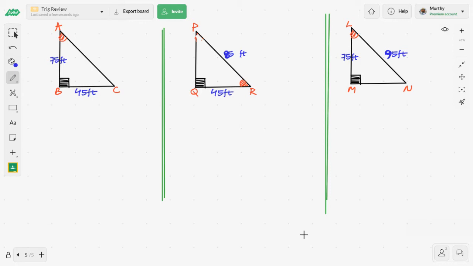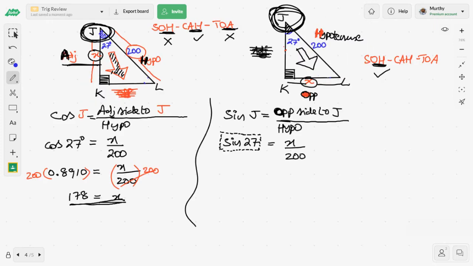Here I see that two sides are given, one is 75 feet and the other 45 feet, and you are asked to find the missing angle, that is, what's the value of angle A? In the previous question, one angle and one side were given, and we computed the missing side.